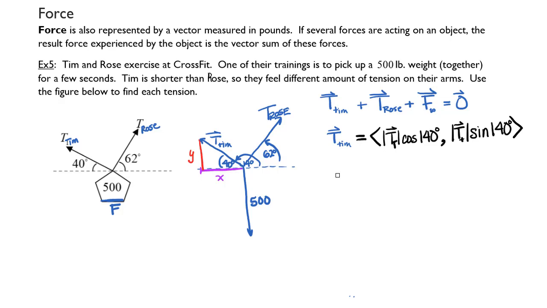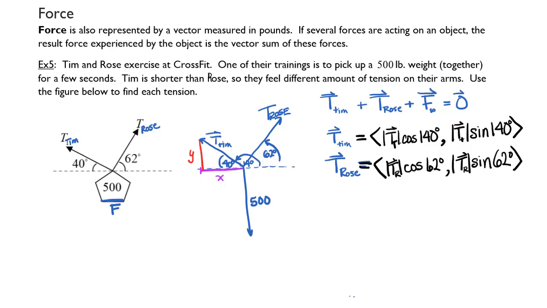Let's find the component vector for Rose. We'll take the magnitude of the tension for Rose times cosine of 62 degrees, and the magnitude of the tension for Rose times the sine of 62 degrees.